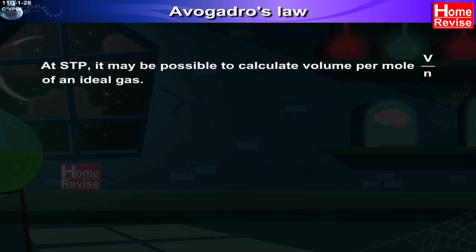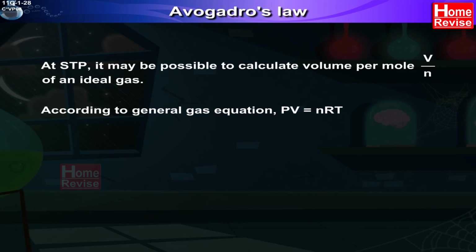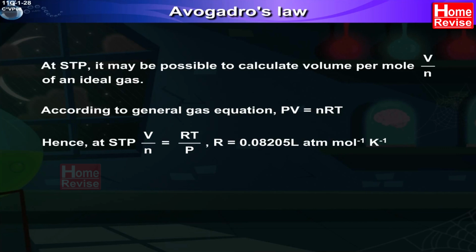At STP, it may be possible to calculate volume per mole, V upon n, of an ideal gas. According to general gas equation, PV equals nRT. Hence, at STP, V upon n equals RT upon P, where R equals 0.08205 liter atmosphere per moles per Kelvin.